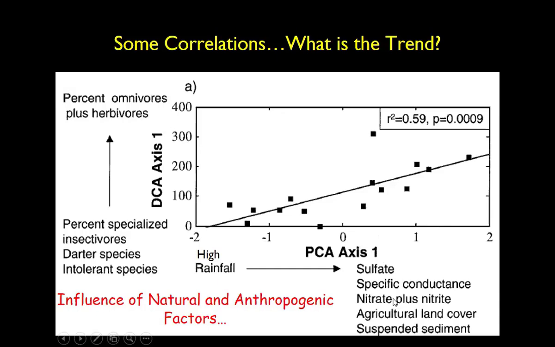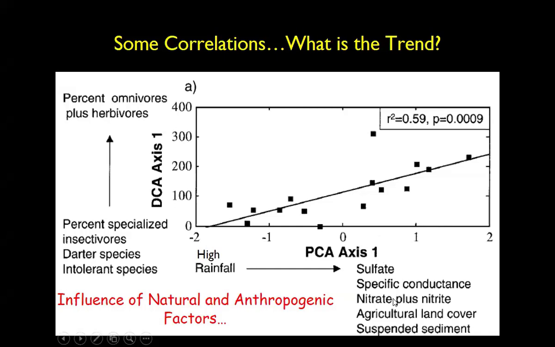And then she looked at the correlation of these fish-based metrics and found that percent specialized insectivores, darter species, and intolerant species were low in this area. That is, they were in areas that had a lot of rainfall, but that were low in all of these things, if that makes sense.